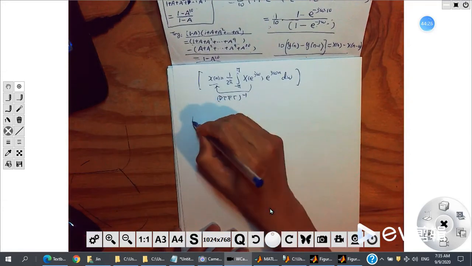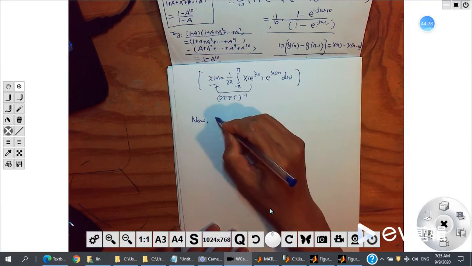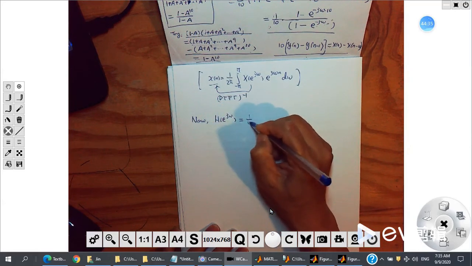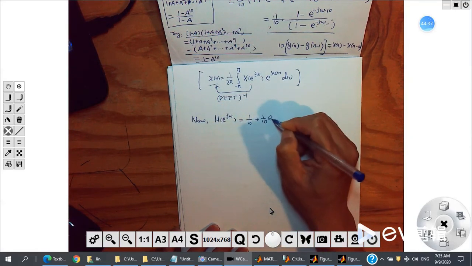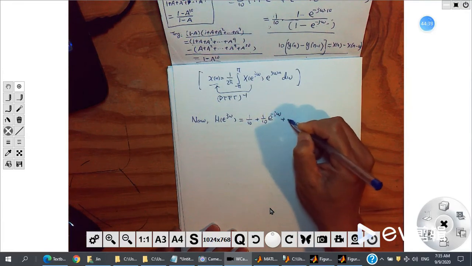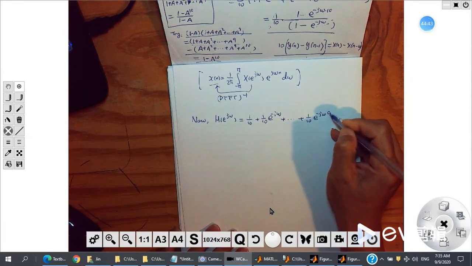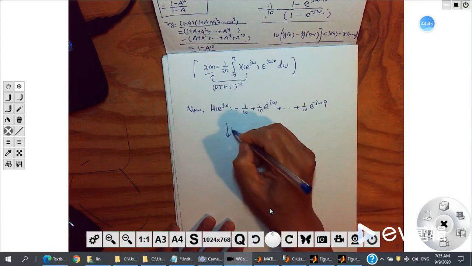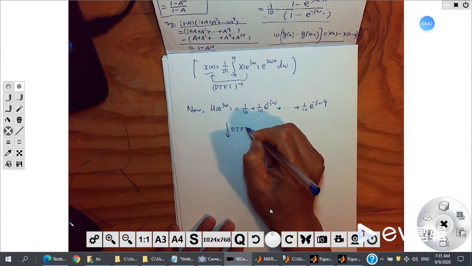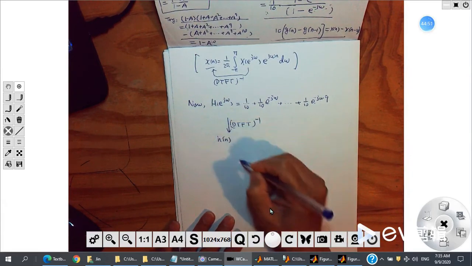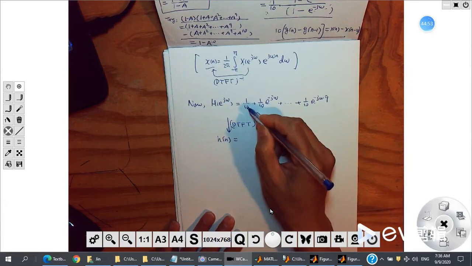Now, H of e to the j omega equals 1/10 plus 1/10 e to the negative j omega plus up to 1/10 e to the negative j omega 9. Then we perform the inverse DTFT, the inverse way. We will have h of n, right? Then what will the 1/10 go to on this side?